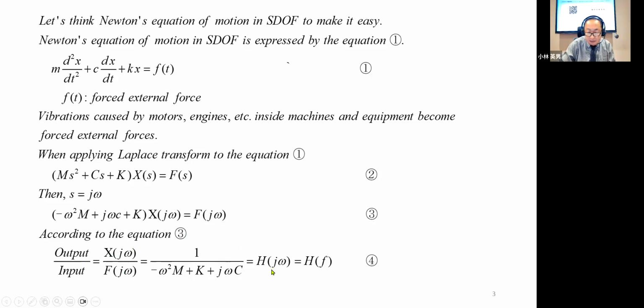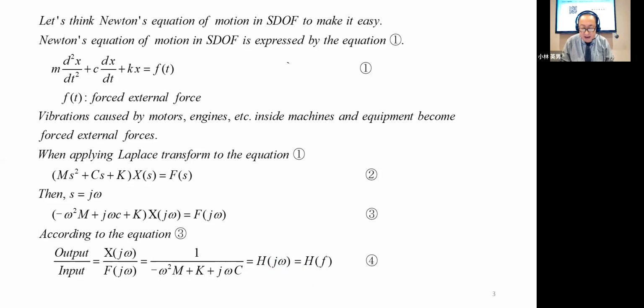This is called the frequency response function.